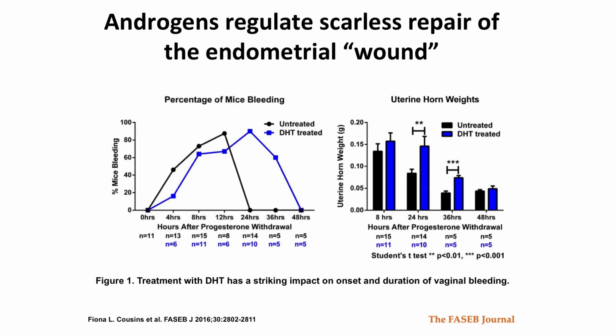So this was the original graph shown in the previous slide, and when the mice were given DHT, the mice bled for longer. They were also able to show that androgens delayed the restoration of the re-epithelialization, and by weighing the uterine horns, they could show that it took longer for the endometrial tissue to actually be shed.